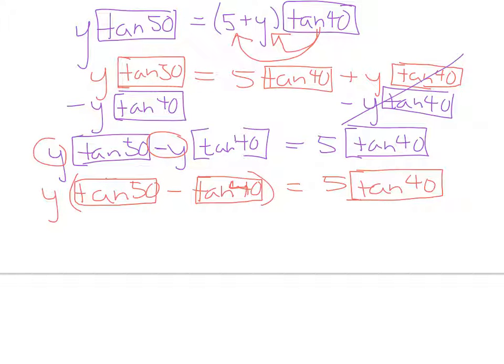They have to stay together. So from here, if we want to solve for y, right here we have multiplication. And if we think about how we get rid of multiplication, we do that with division. So we want y to be all by itself. So we can divide by what's being multiplied by y, which is tangent of 50 minus tangent of 40.